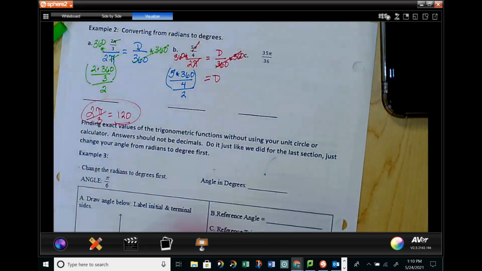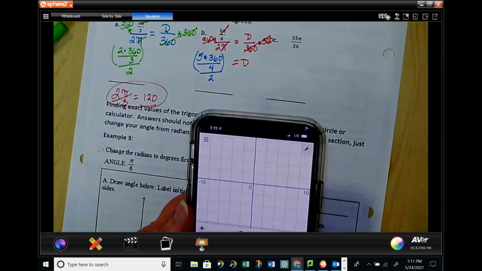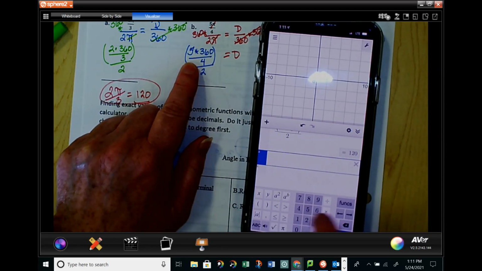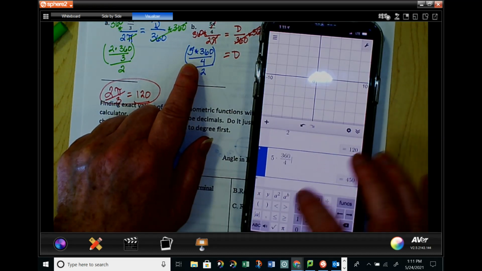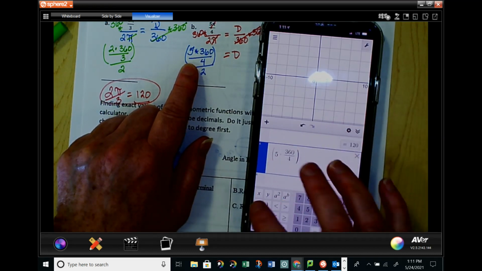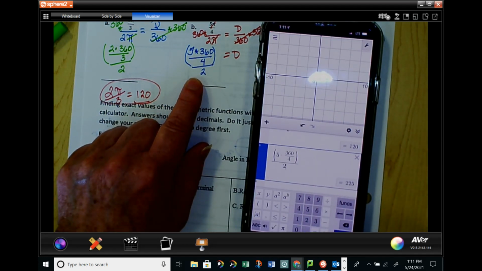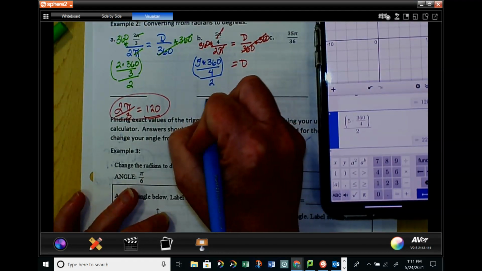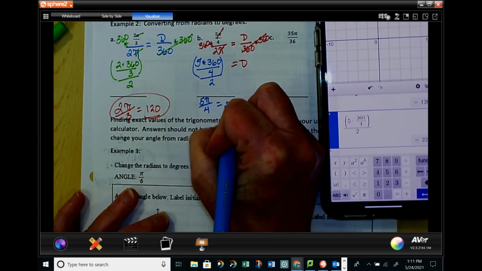We use our friend Desmos. You're going to go 5 times 360, now divide that by 4. Put that whole thing in parentheses, and now divide that whole thing by 2. And now I get 225. So 5 pi over 4 is equal to 225 degrees.